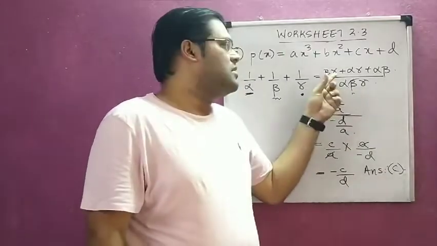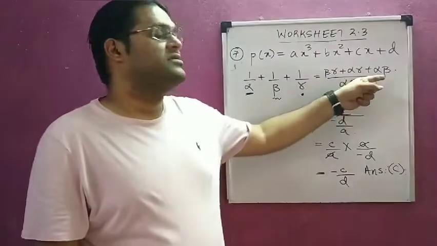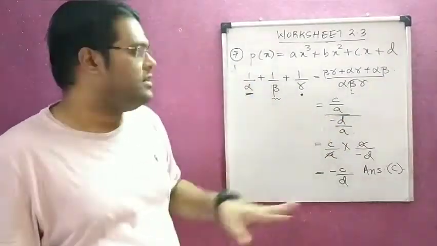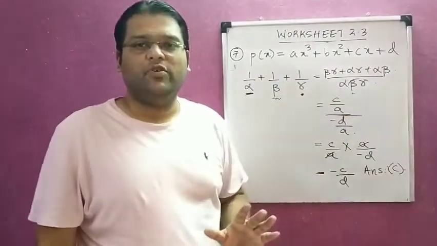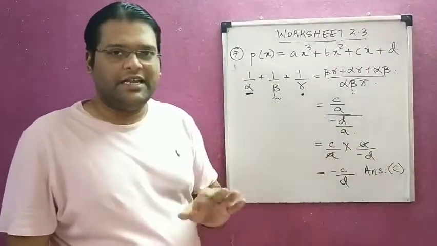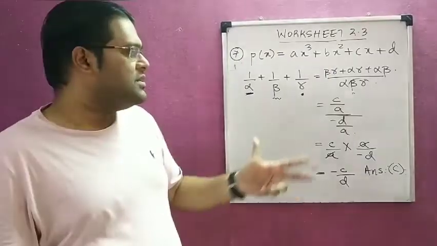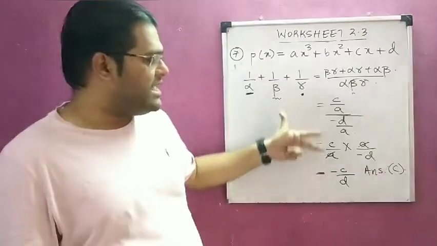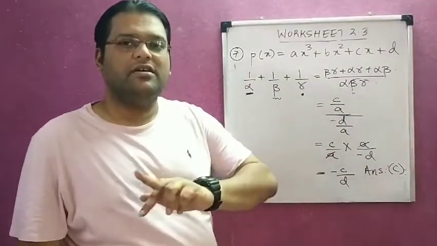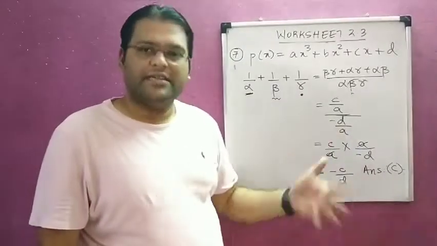Alpha, beta. I multiply. Numerator, what I see is the formula C upon A, not minus, just C upon A. Denominator minus D upon A. What I find is A and A can get cancelled. That is the first way of multiplication. But actually how it happens, I write the numerator fraction as it is into the denominator fraction, but the reciprocal, that is A upon minus D, A and A cancel.